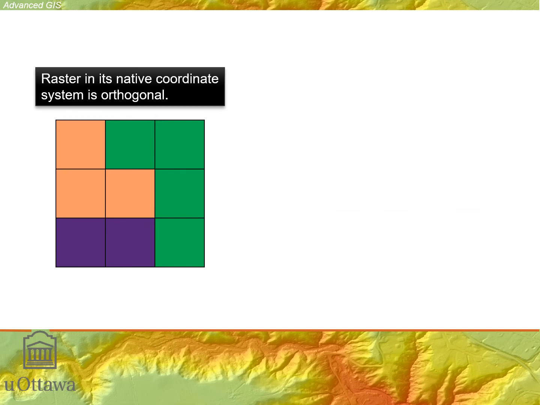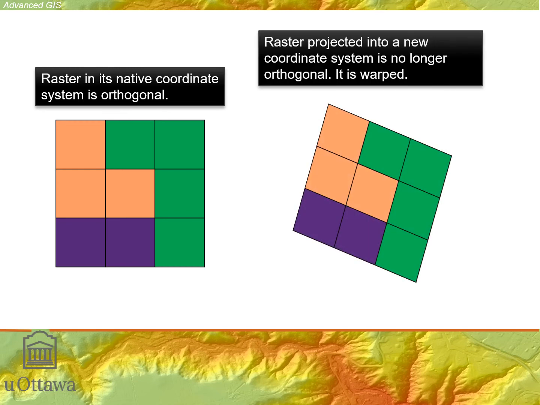Well, again, just using a full raster. So here's a full raster that has 1, 2, 3 categories in its native coordinate system, where it's orthogonal. And then if we project that or warp it to a new coordinate system, then it looks like this. Again, we have a bad raster now, no longer orthogonal in any way.